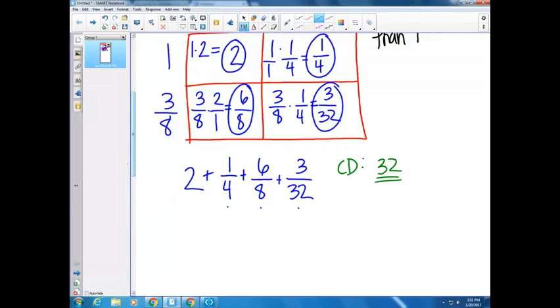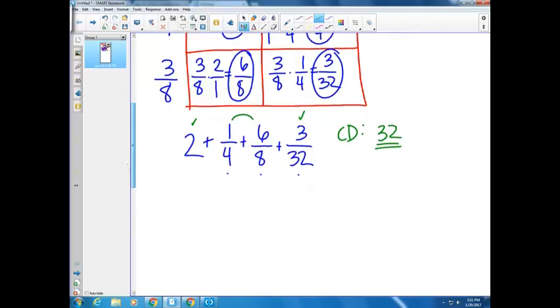Which means this one I can leave by itself because it's a whole number. I can worry about that at the end. And this one already has a denominator of 32, so I can leave that one alone for right now. So really, I'm finding common denominators between these two fractions. They still need the common denominator of 32 to be able to find our final product.